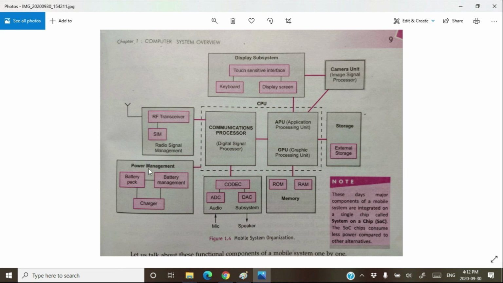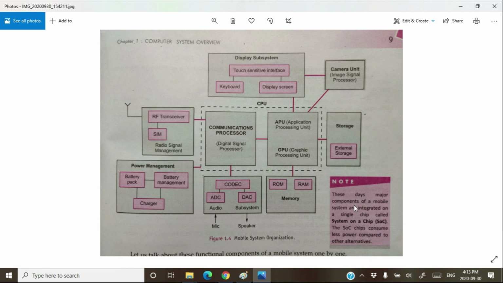After that, we have the power management unit, which has a battery pack, battery management unit, and the charger unit. Nowadays, all these units are combined on a single electronic chip, and that is called a system on a chip. So that's what they are writing here.